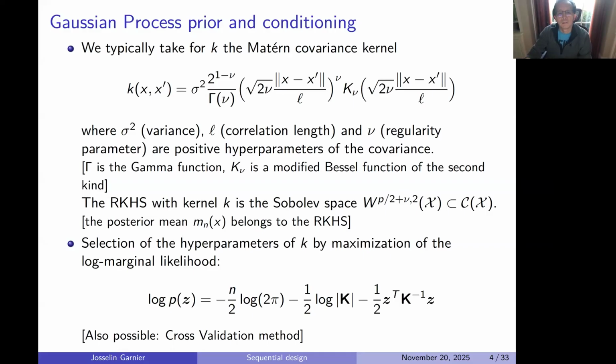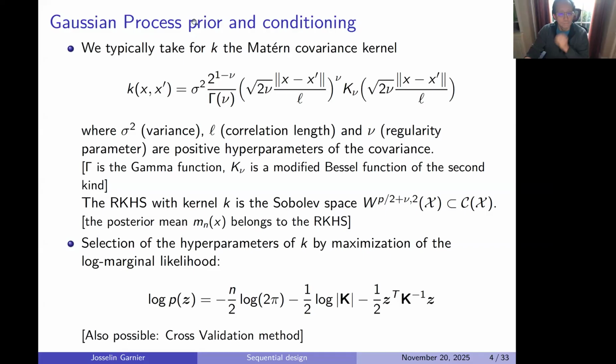You update the hyperparameters, not every step, because usually one additional observation point is not enough to perturb the estimation of the hyperparameters. But after 5 or 10 new observation points, you may think that, oops, now I can try to improve a little bit the selection of the hyperparameters of the covariance kernel.